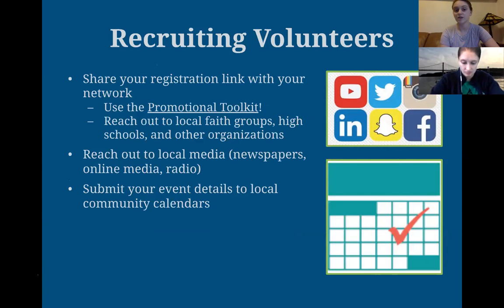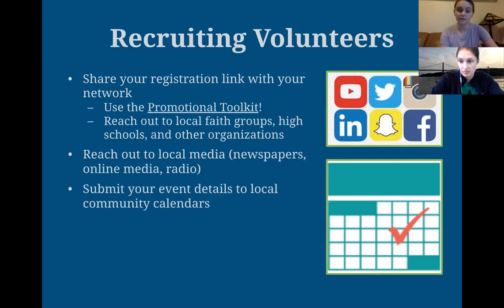Now we'll go into detail on each of those steps. The first thing is recruiting volunteers. This should be familiar to you at this point, but the promotional toolkit is there for you to use to reach out to your network and your friends and community to promote your site.